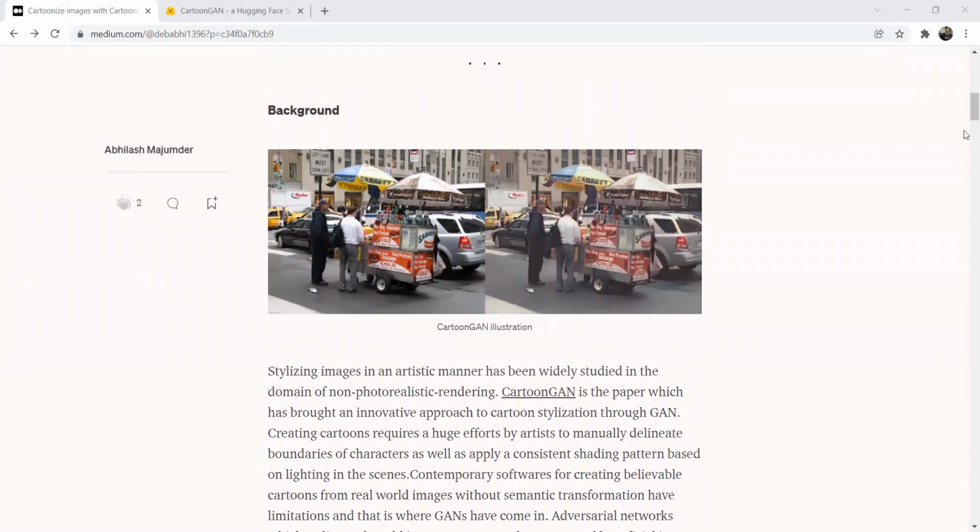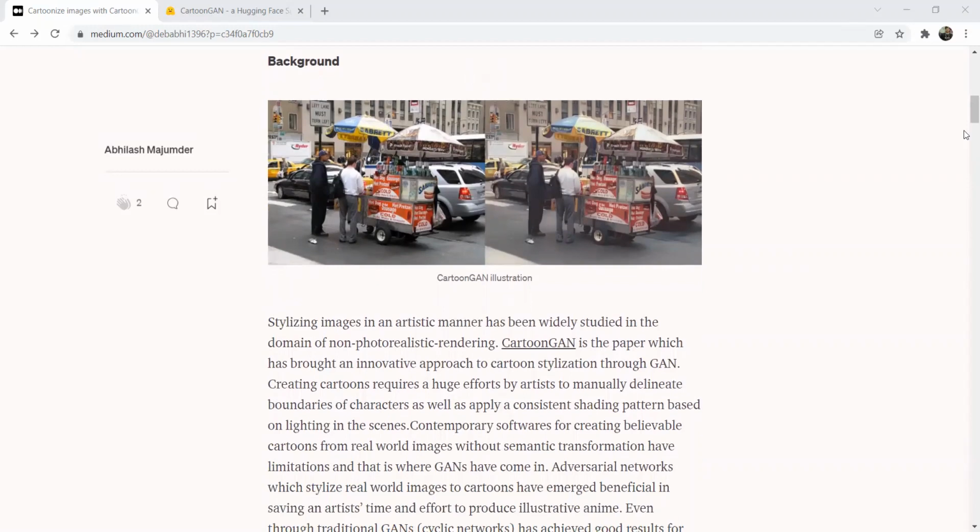Stylizing images in an artistic manner has been widely studied in the domain of NPR, or non-photorealistic rendering. CartoonGAN is the paper which brought an innovative approach to cartoon stylization through GANs. Creating cartoons requires a huge effort by artists to manually create boundaries of characters as well as apply a consistent shading pattern.